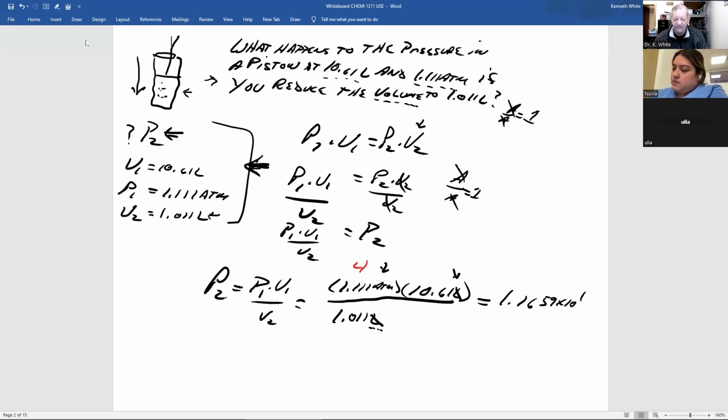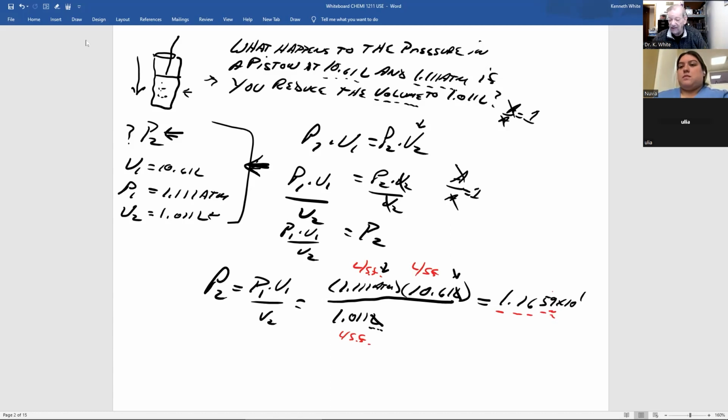This is 4. This is 4. This is 4 significant figures. So what's the lowest number? Well, they're all 4. So we have to round this off to 4 significant figures. Here, keep the 1, keep the 1, keep the 6, keep the 5. Use the 9 to round off. Is that 4 or less, or 5 or higher? 5 or higher.